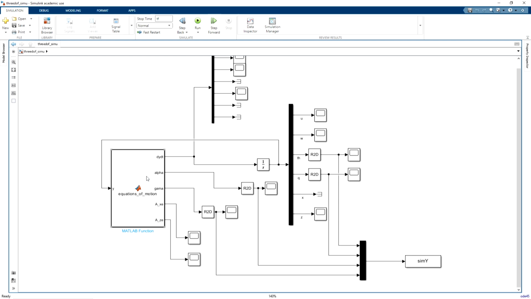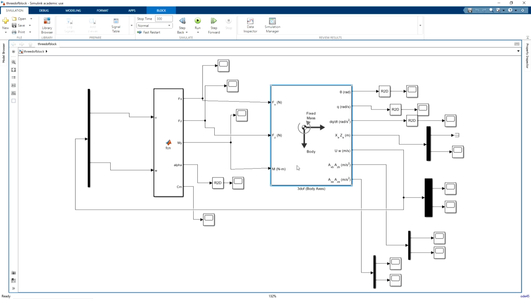Now initially we thought of using this block directly, the 3DOF block that I've shown you earlier. Let me open it again. So this is the 3DOF block. Instead of writing a separate MATLAB code or using the MATLAB function block, you can use it directly.